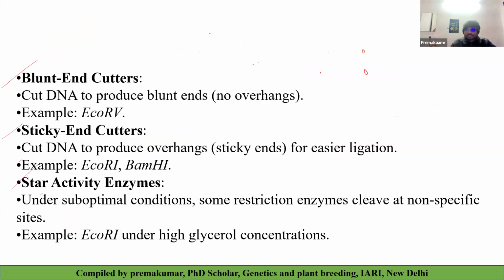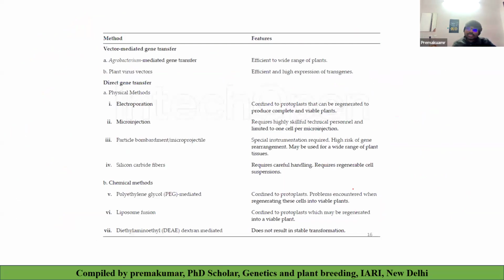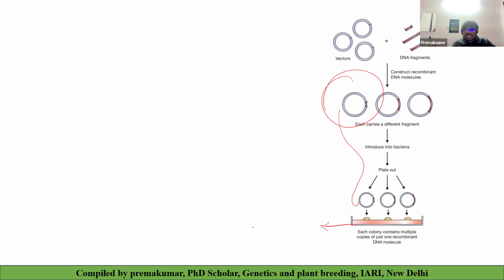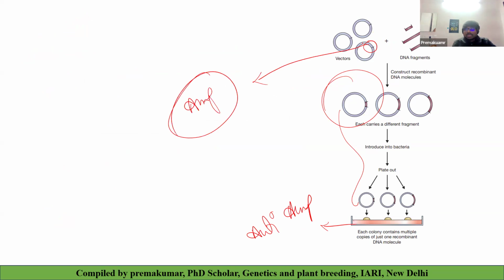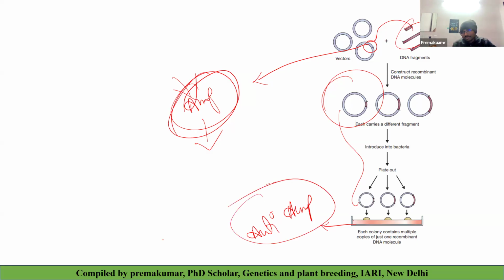For example, this is the agar media. You add some antibiotic like ampicillin. This site may have your ampicillin resistance gene. Because of insertion of this DNA, it will disrupt the ampicillin resistance gene, so the clones which are recombinant are unable to grow in ampicillin.